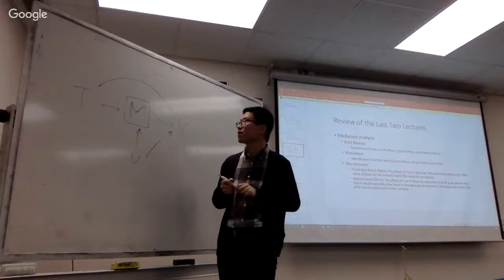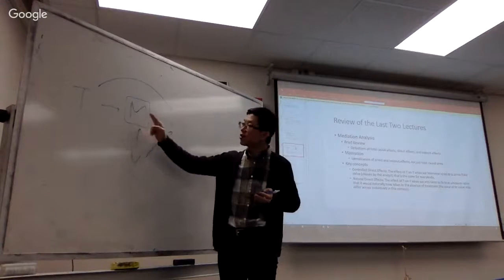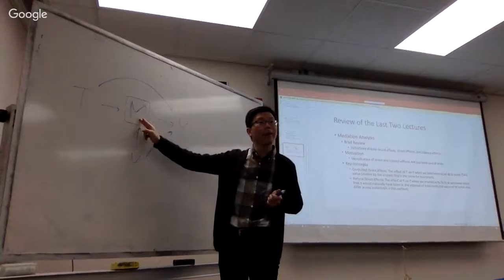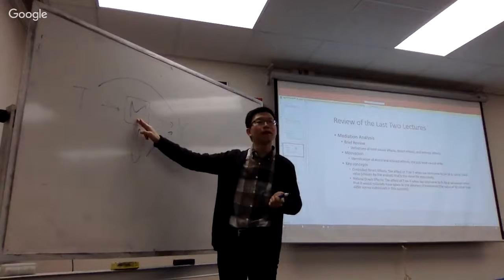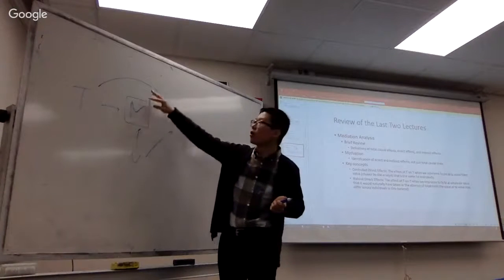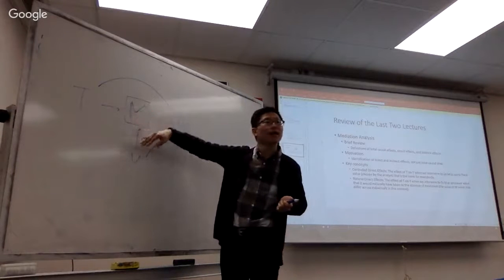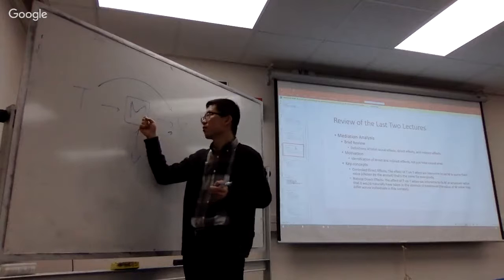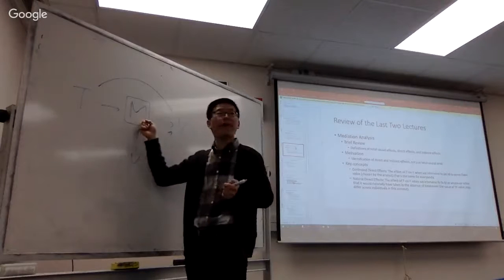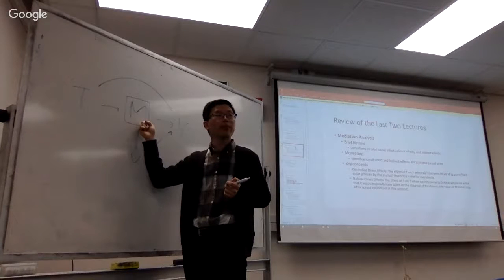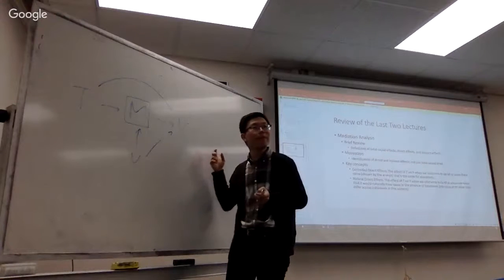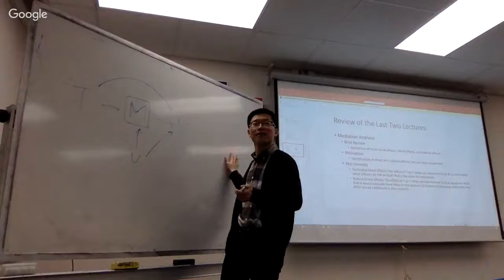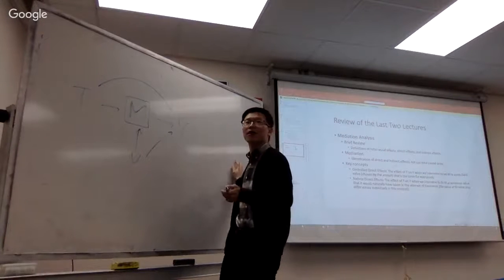The natural direct effect is you still control for M, right? But you are letting the value of M be whatever M would be when this person is treated or not treated.